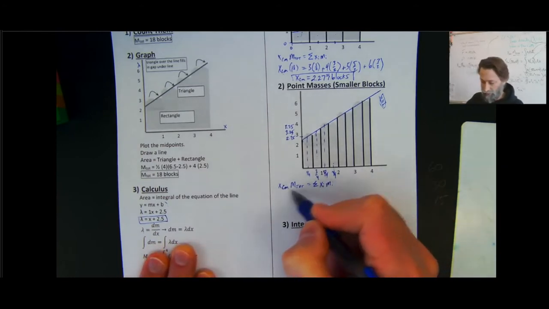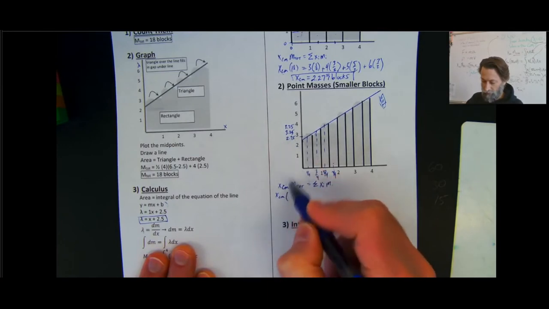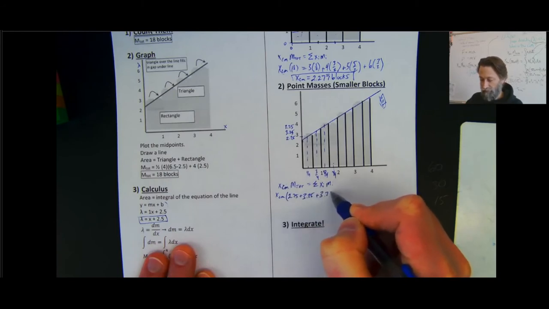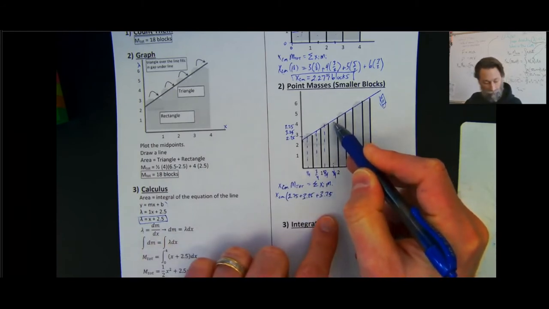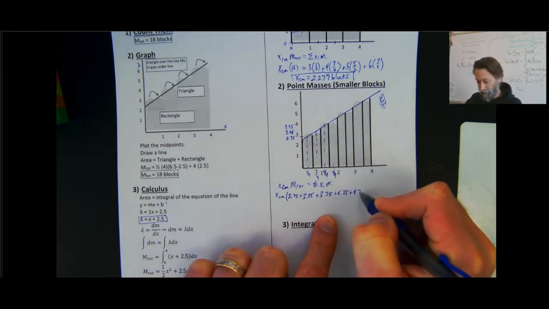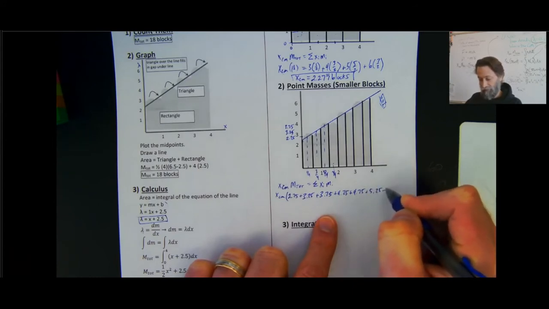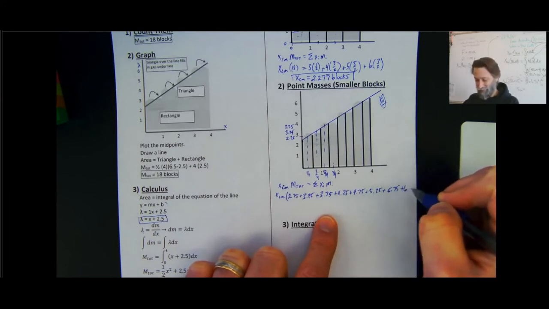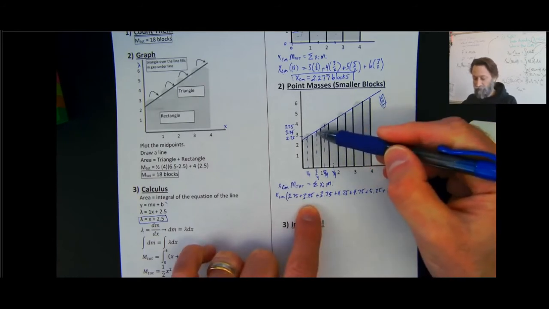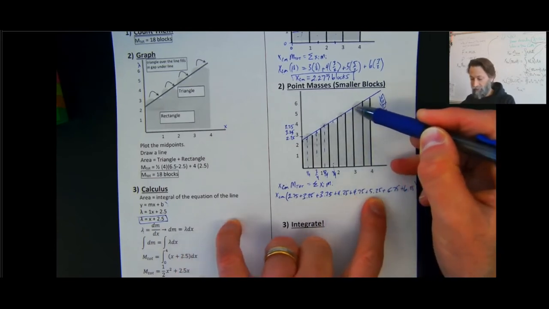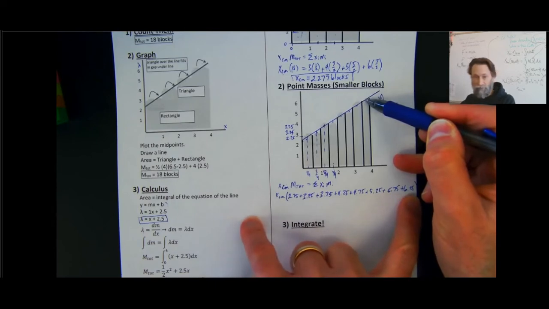Now my total mass, when I go to do that, looks like I'm going to be doing these goofy ones: 2.75 plus 3.25 plus 3.75 plus 4.25 plus 4.75 plus 5.25 plus 5.75 plus 6.25. And 6.25 is my last one.